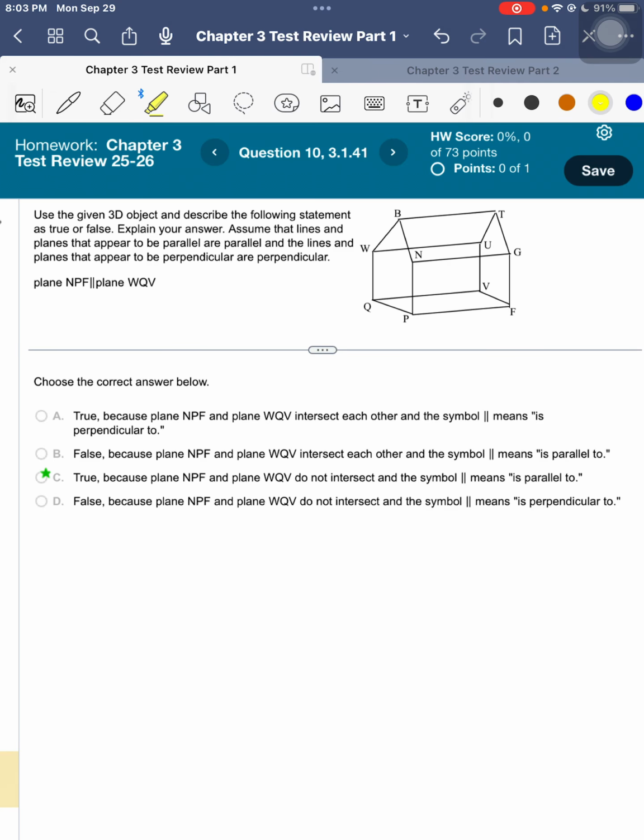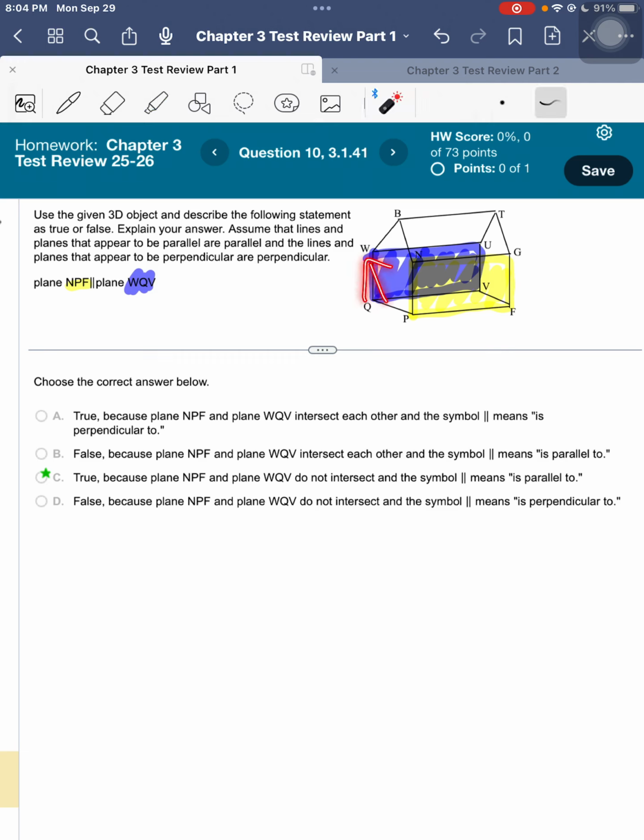Once again, they want a true or false. So plane NPF, where's NPF? Right here. NPF is parallel to WQV. Where's WQV?